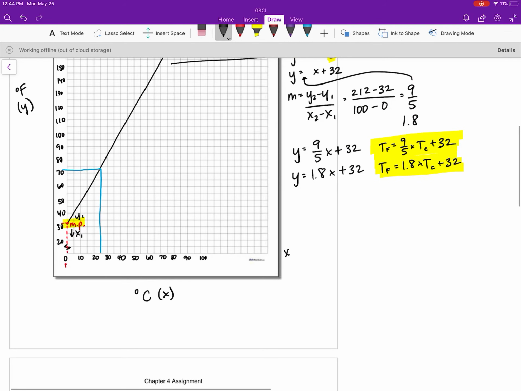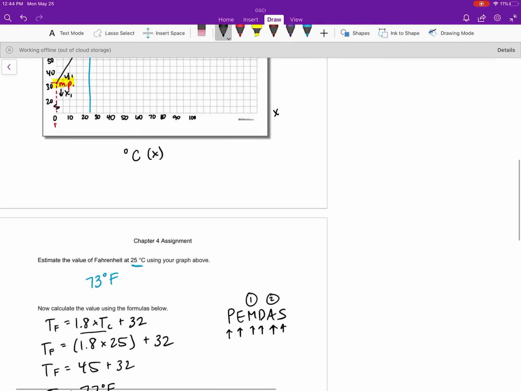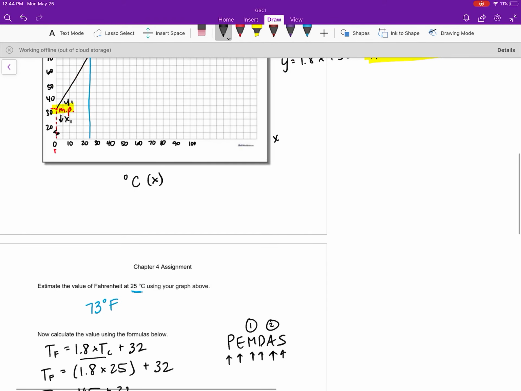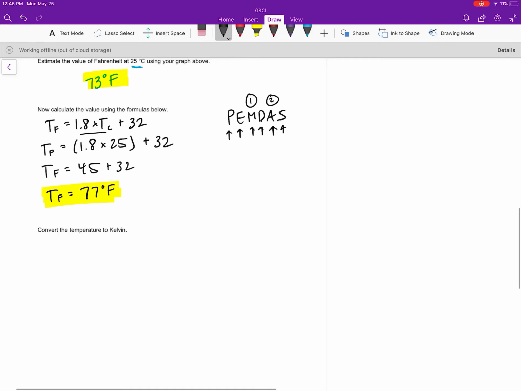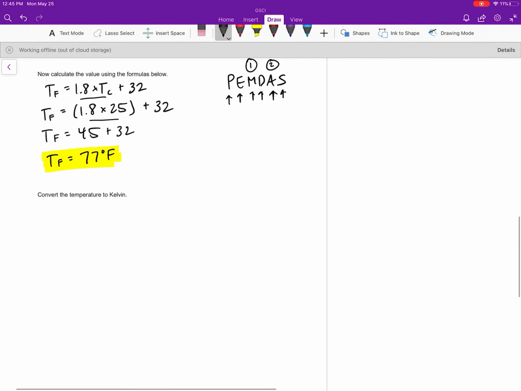So my line is not all that great, even though I tried to make it look really good. So the estimated value is 73-ish, maybe yours is different, but the actual calculated value is 77 degrees Fahrenheit. Okay? The hardest part here is just making sure you multiply the temperature in Celsius by the 1.8 before you add the 32. Now the last part says to convert the temperature to Kelvin.